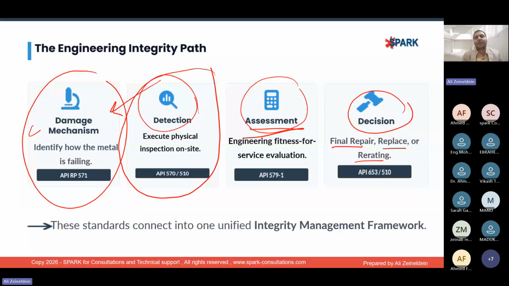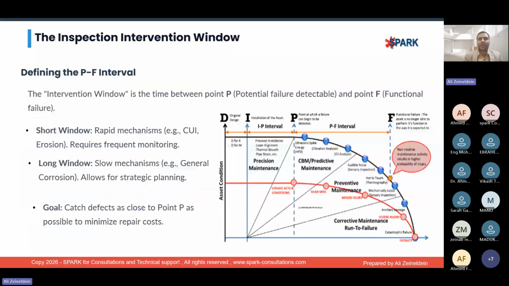Here, this graph shows the relationship between the asset condition and time. We can see from this letter D means design or the original design. From the design until the installation, no bad effect, no side effect on the equipment itself.